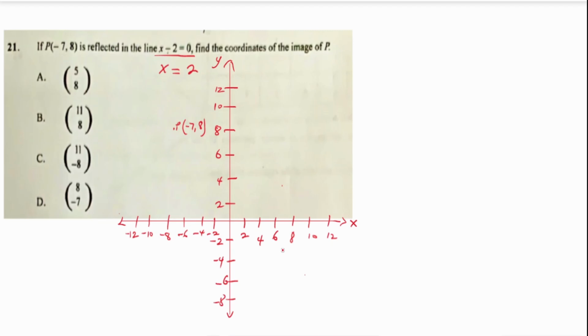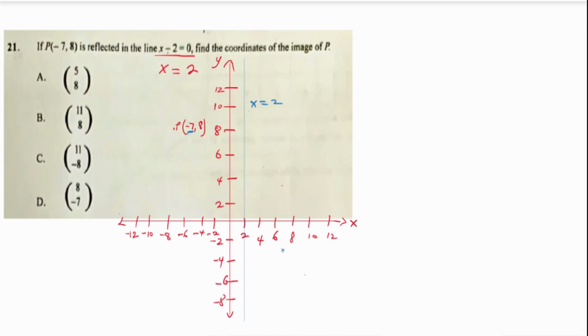So let me just do x equal to 2. So if I'm reflecting this point over x equal to 2, -7 here means 7 units to the left from the origin. So meaning that from -7 to the line x equal to 2 here will be 9 units or 9 jumps.